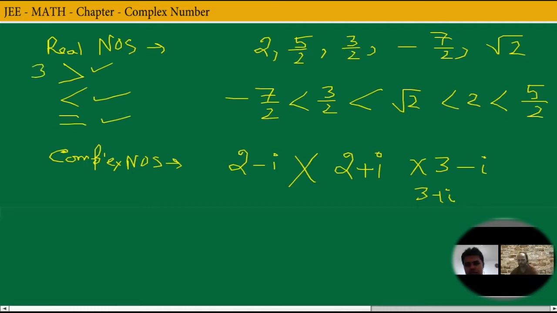Like 3 and 2: either 3 is greater than 2, or less than 2, or equal to 2. These three relations can't hold simultaneously; only one of them holds. In fact 3 is greater than 2. This is called the law of trichotomy. The law of trichotomy holds only for real numbers, not for complex numbers. That's why this is the main difference.